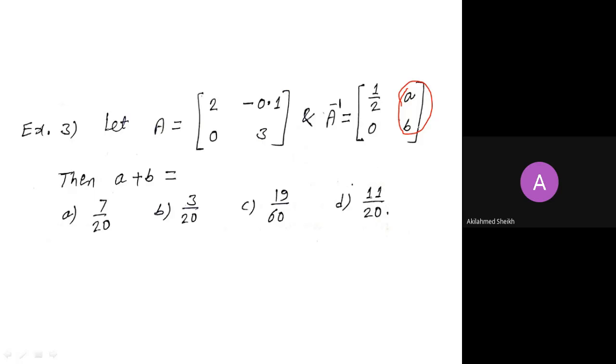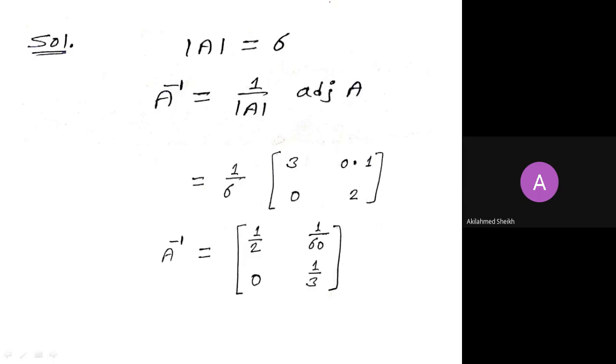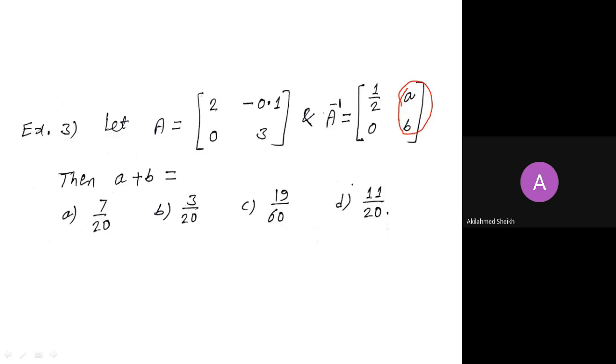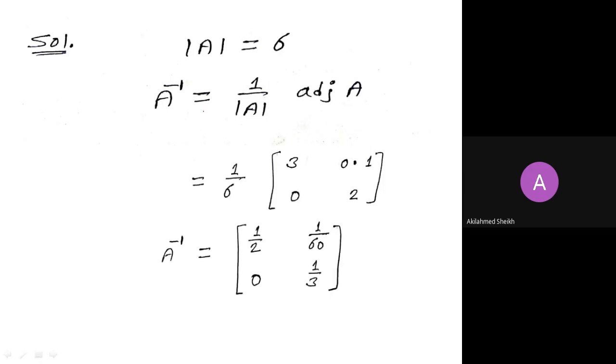To find the inverse of the matrix, we use the adjoint formula. The formula is A inverse equals 1 upon determinant of A times adjoint of A. So we require the determinant of A.